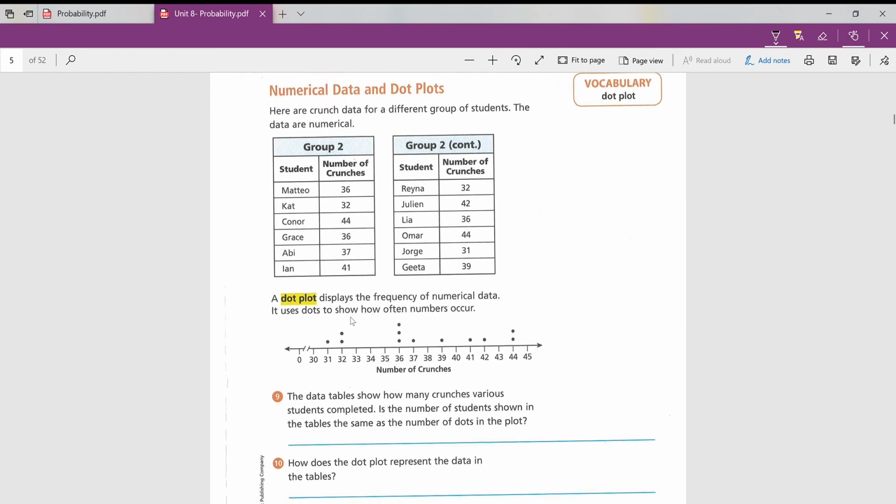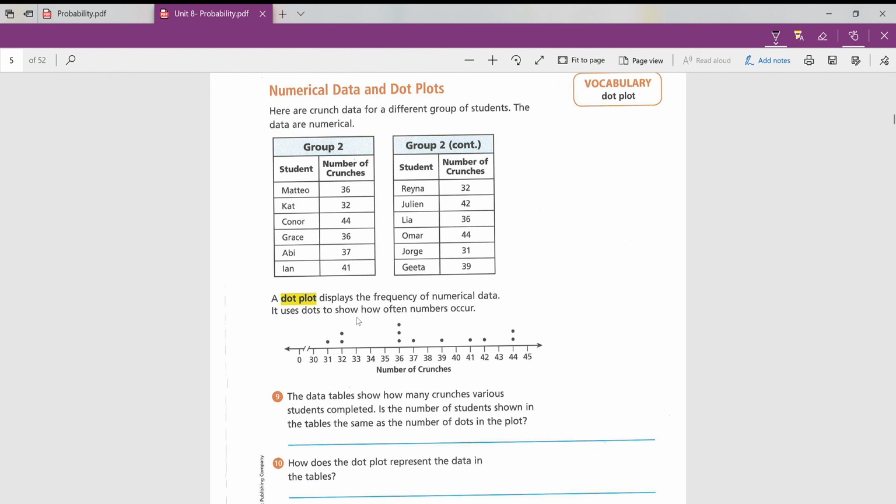So again, it's crunch data for a different group of students, so it's not the same as the one you saw before. Like we mentioned before, the dot plot displays the frequency of number data. It uses dots to show how often numbers occur. So what you see in front of you is a number line, and it also shows the frequency and how many dots there are for that number, so how often a number occurs.